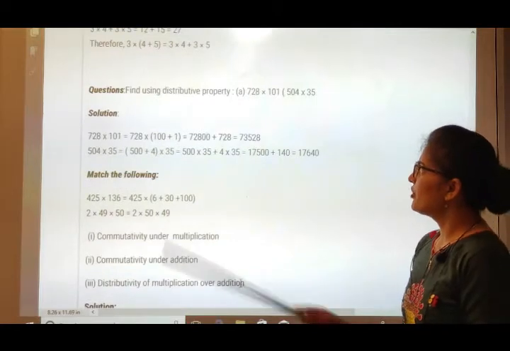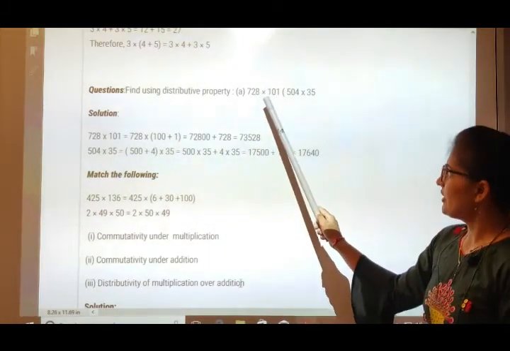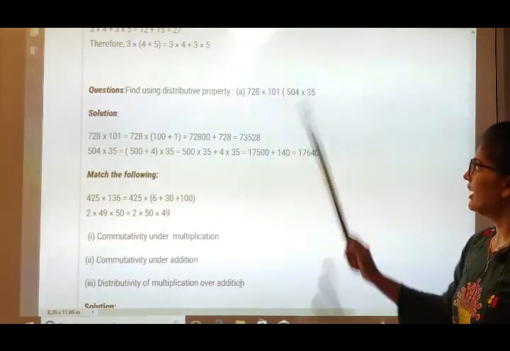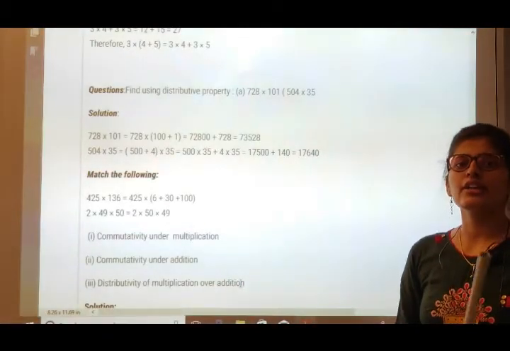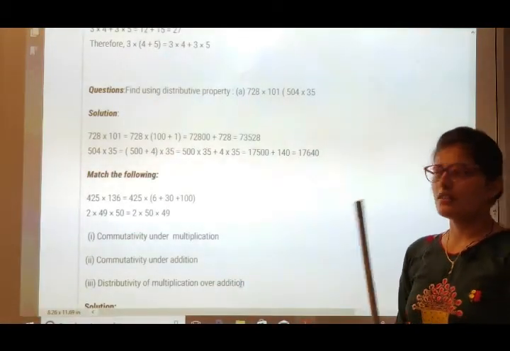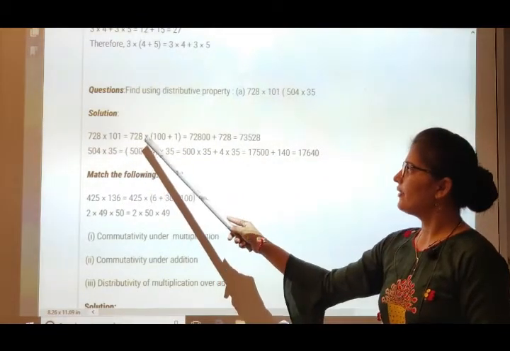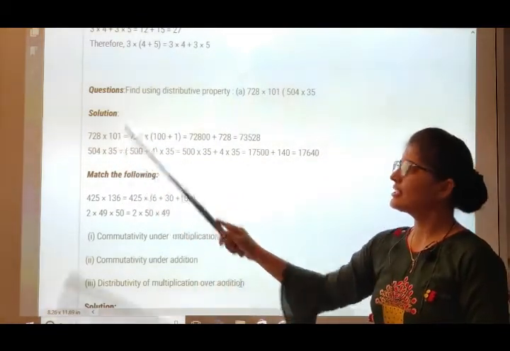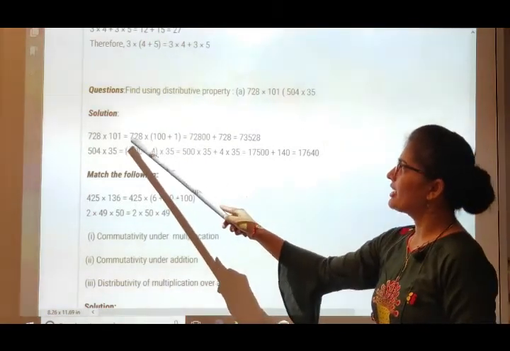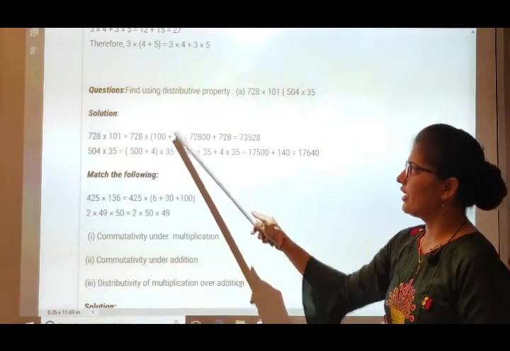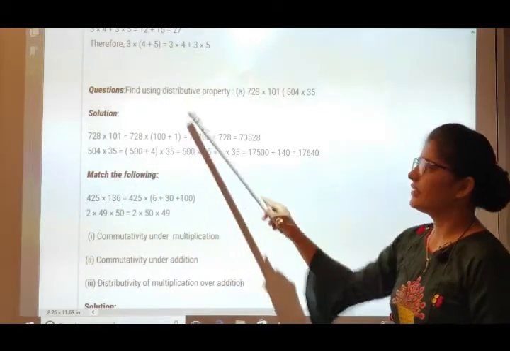Find, using distributive property, 728 multiplied by 101. So here you can see the solution. 101 we can write as 100 plus 1. Here you can see 728 multiplied by 101 is written as 728 multiplied by (100 plus 1). After that we will multiply 728 with the 100 also and 728 with the 1 also.